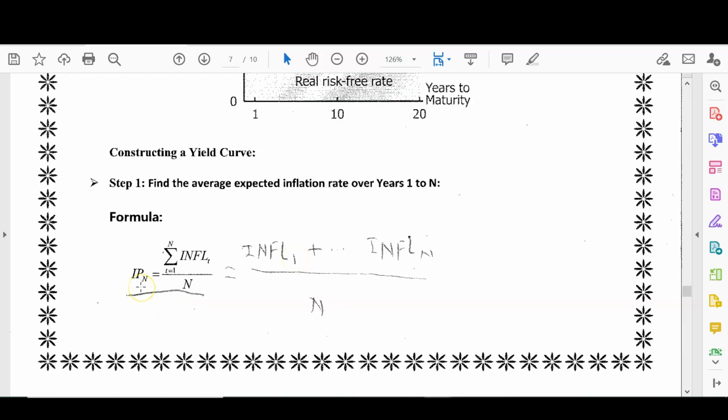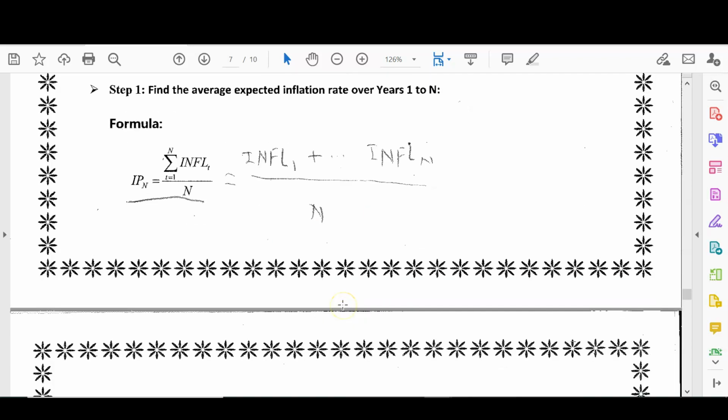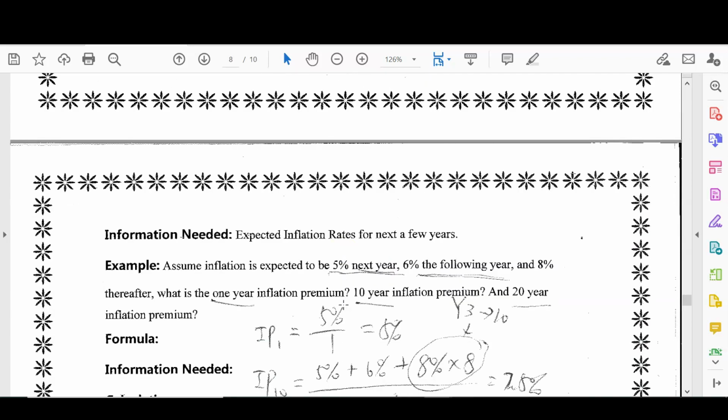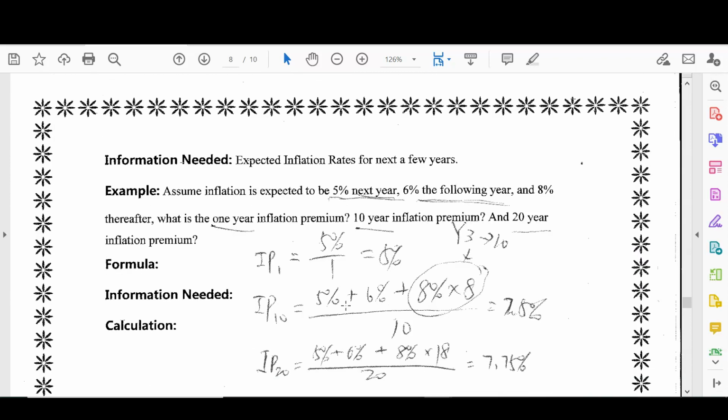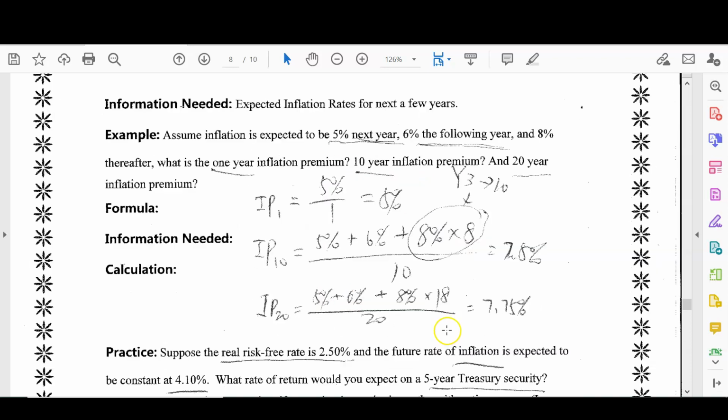IP for bonds with n years is the inflation rate for year 1, year 2, until year n, added up together, divided by n. So the inflation premium is the average level of inflation rate over the n years, the expected inflation over the next few years.